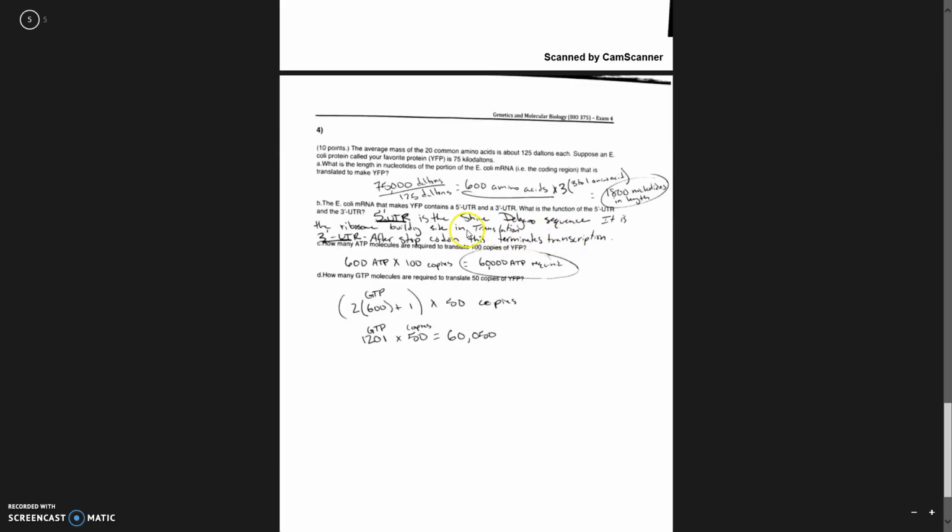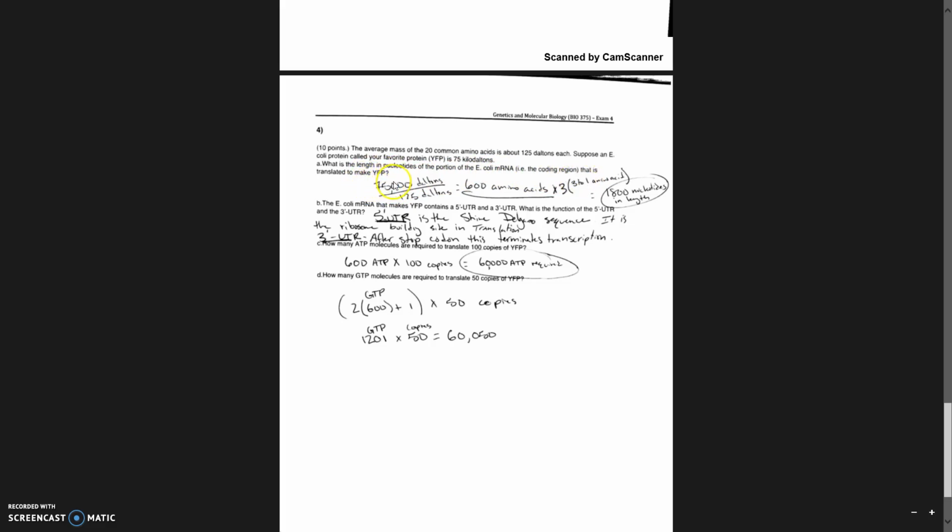Looking at number 4, we have the average mass of the 20 common amino acids is about 125 daltons each. Suppose you have an E. coli protein called your favorite protein, YFP, that is 75 kilodaltons. What is the length in nucleotides of the portion of the E. coli mRNA that is translated to make YFP?